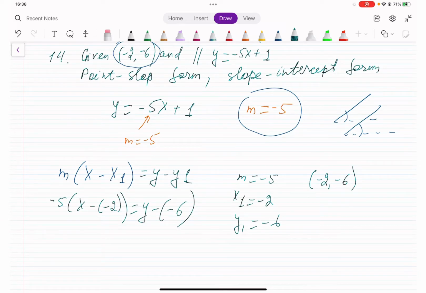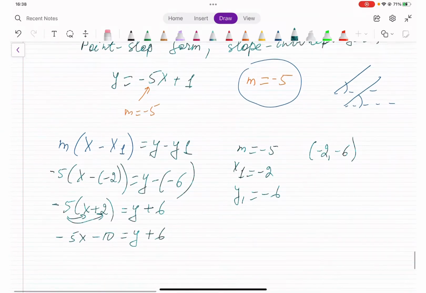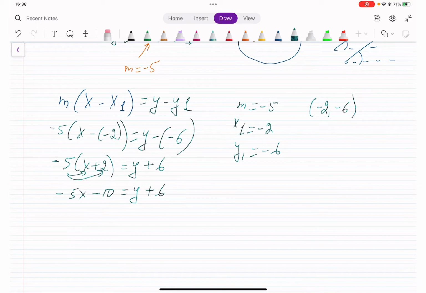So from here, what do we get? -5 times x plus 2 and then y plus 6, right? So when we have distribution here, we are getting -5x minus 10 equal y plus 6. Well, let me remind you that this format that we have here, this is your point slope form.